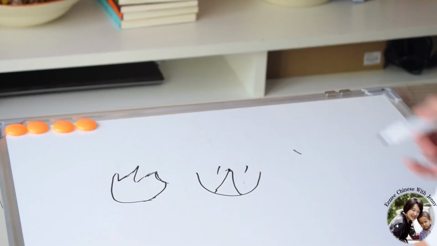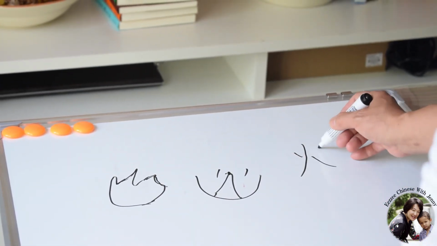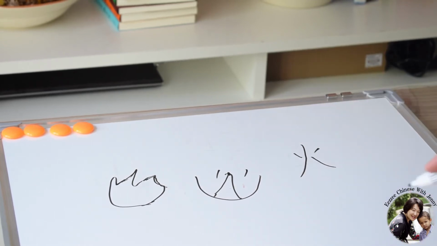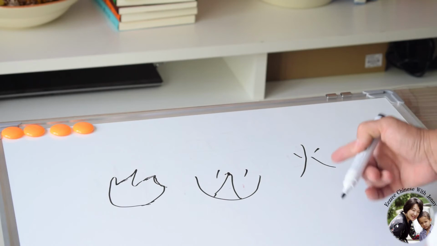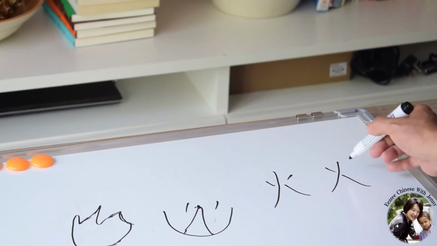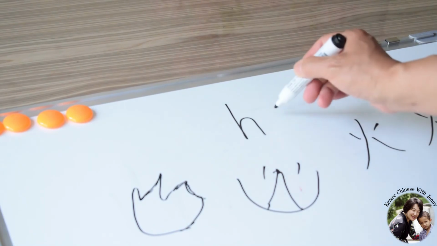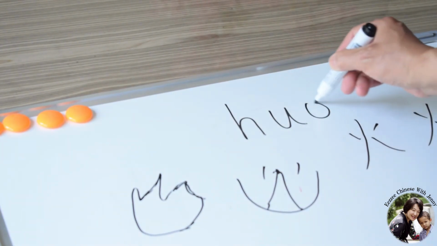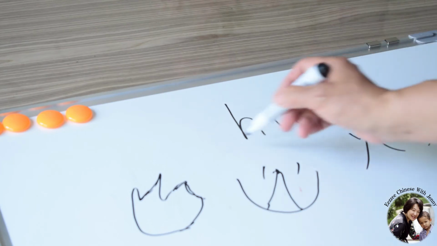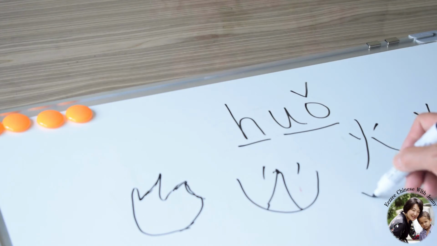First stroke, second one, third, and fourth stroke. And you realize the first character we have learned, the person, you just put two small strokes on the top. This means fire or flame. The pronunciation is huo, h is the consonant, uo, 火, and write like this.